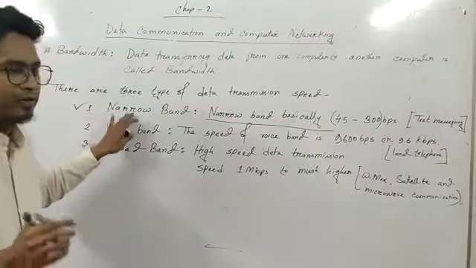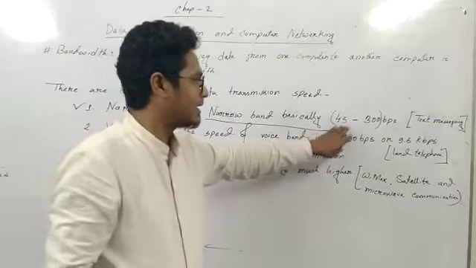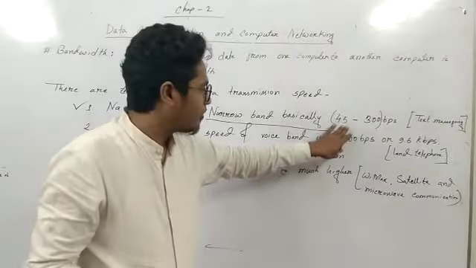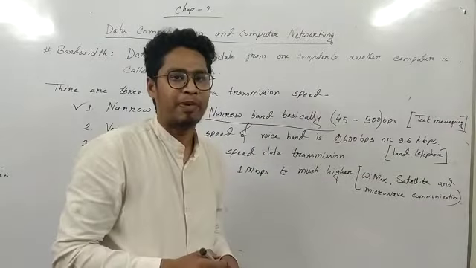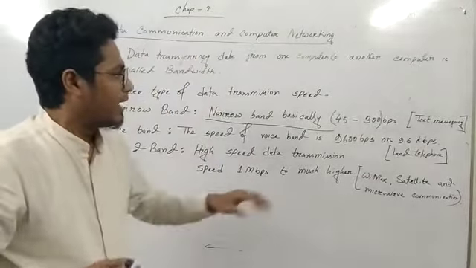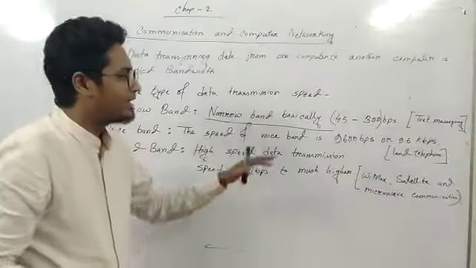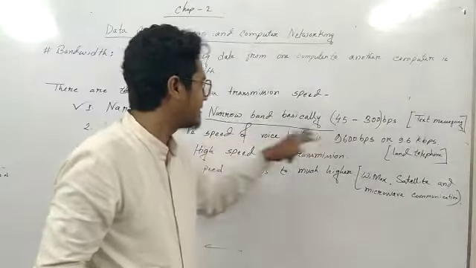If we transfer data from one computer to another, the highest speed we will get is 45 to 300 bits per second. Bps means bits per second. The use of narrowband is text messaging. We get narrowband when we are just text messaging.